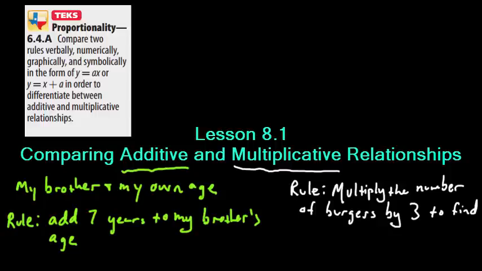If burgers cost $3, so for example, 5 burgers times $3 each equals $15. That's an example of a multiplicative relationship. So that's what we're going to be looking at. We're going to compare additive and multiplicative relationships in this video.